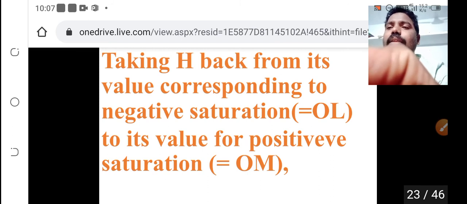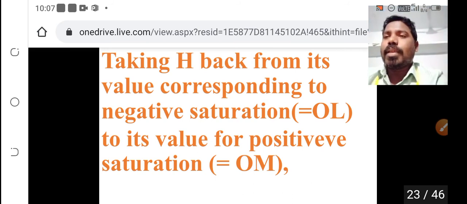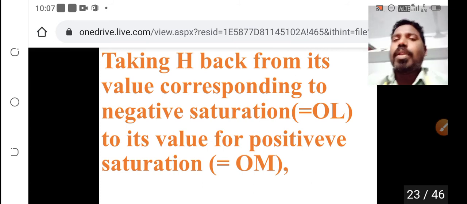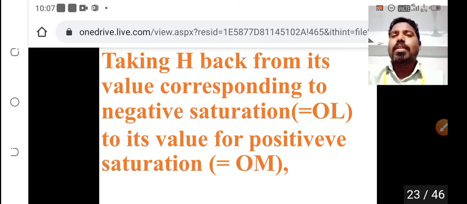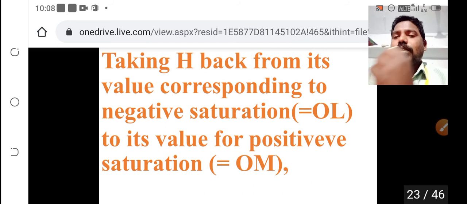Taking the magnetizing force H back from its value corresponding to negative saturation, which is OL, to its value for positive saturation OM.